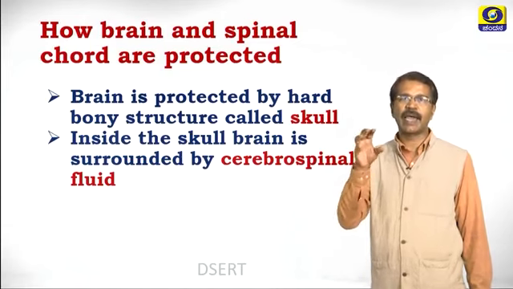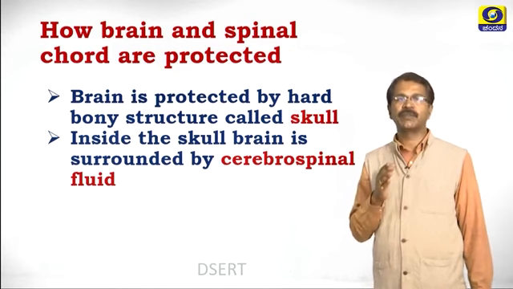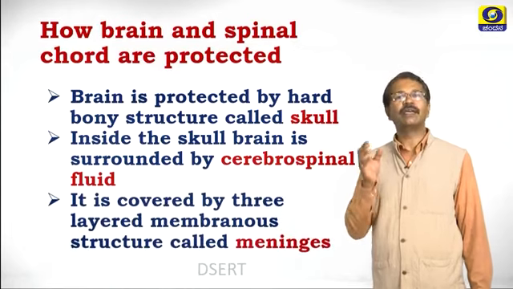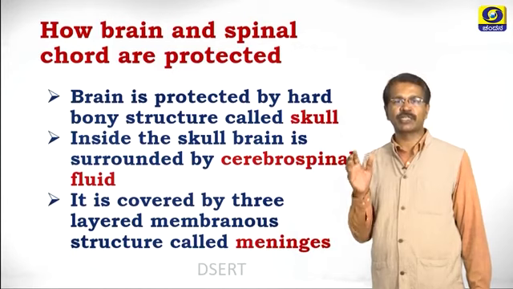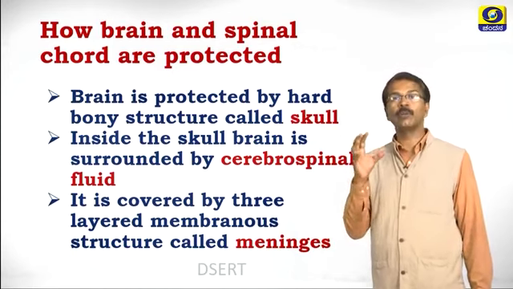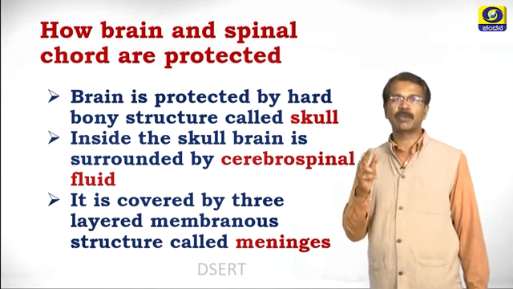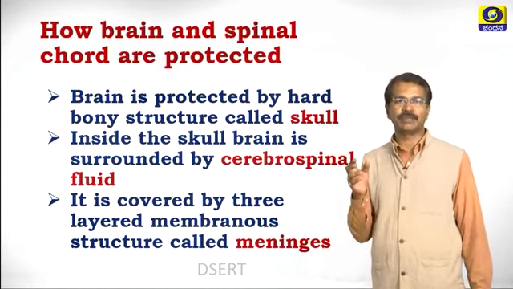If germs attack the brain, this cerebrospinal fluid protects the brain from them. Apart from that, the brain is also protected by a three-layered membrane structure called the meninges. Thus, the brain has strong protection: the hard bony skull, the cerebrospinal fluid, and even the three-layered meninges.